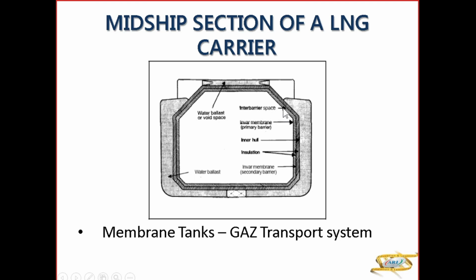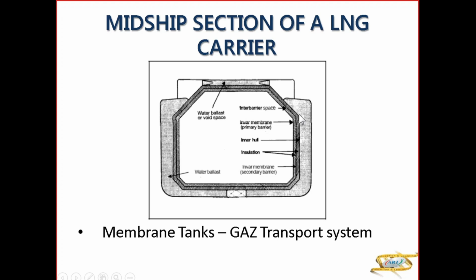Then you have inter-barrier space between these two barriers. So the membrane used here is a primary barrier, which is of INVAR 0.5 to 0.7 mm thick. And then you have the insulation with plywood boxes filled with perlite. Then again, you have INVAR membrane, the secondary barrier, again 0.5 to 0.7 mm thick.